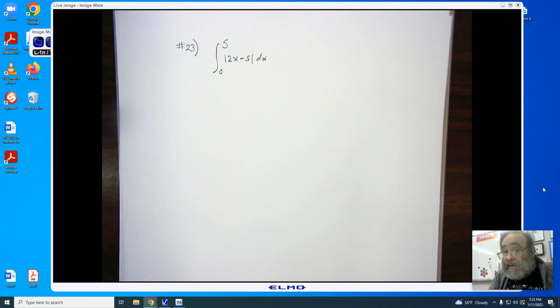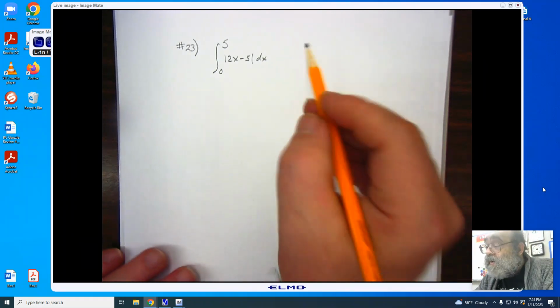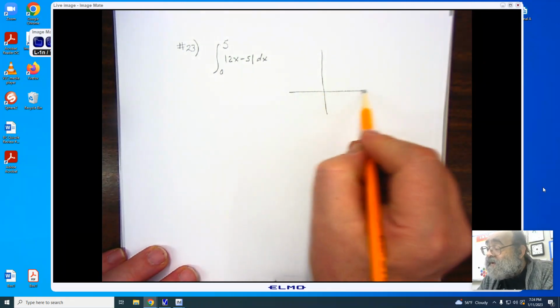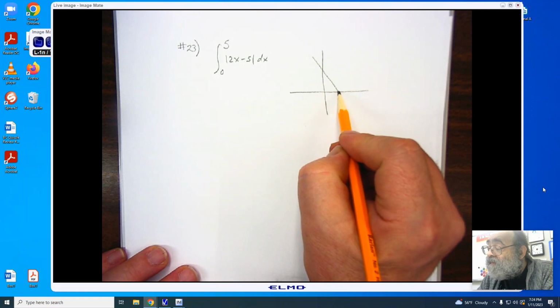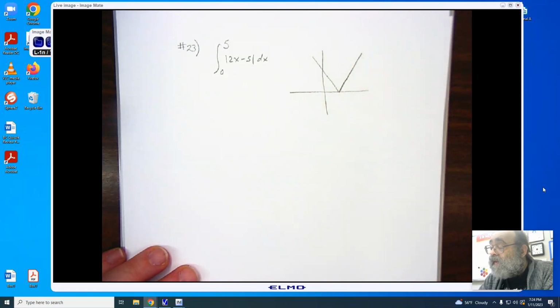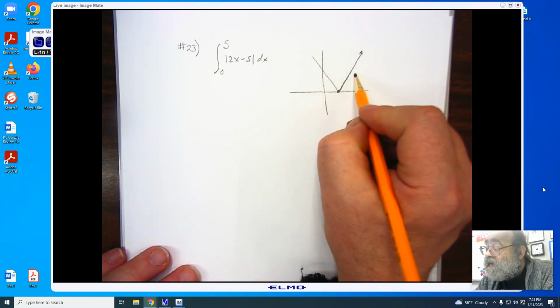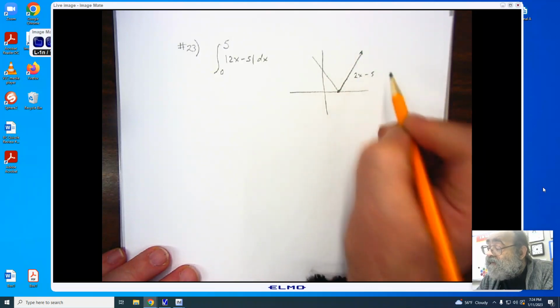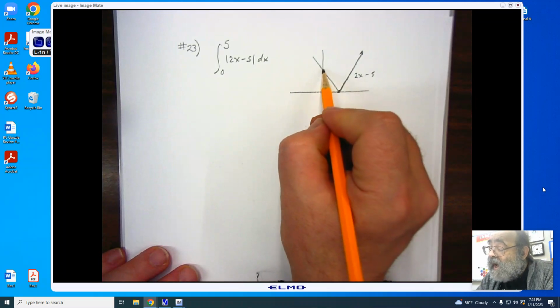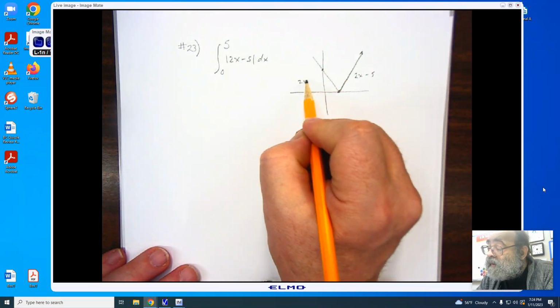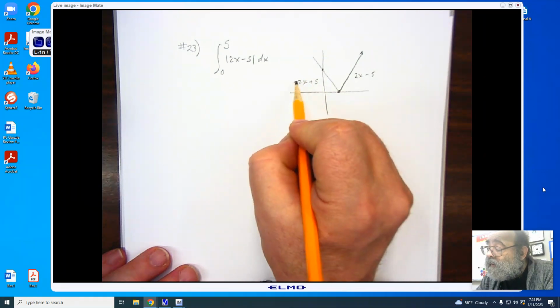And you have two choices to do this, but you have to decide how you're going to do it. All right? So option 1 is to graph this thing. Now we know it has a vertex point sitting at 2.5, 0, and it looks like that. Now, if I'm going to graph it, I know that this side is 2x minus 5, but this side is going to be negative 2x plus 5.